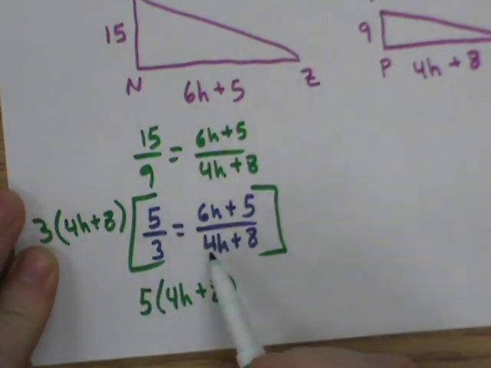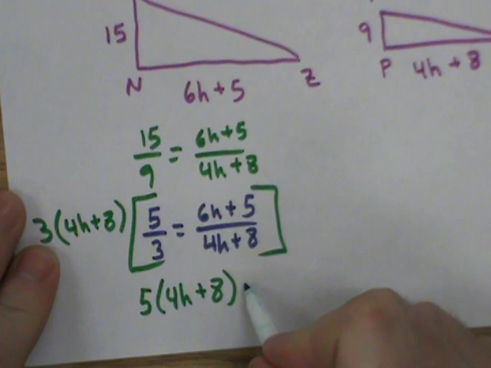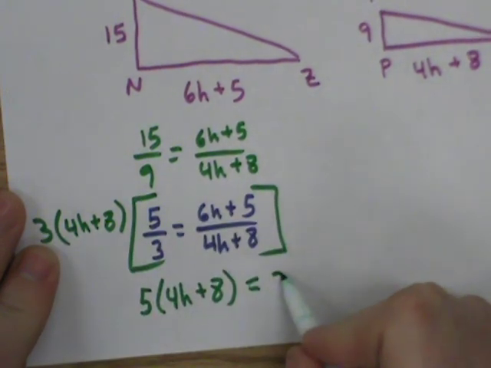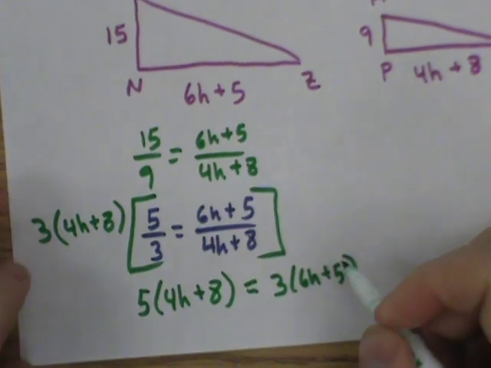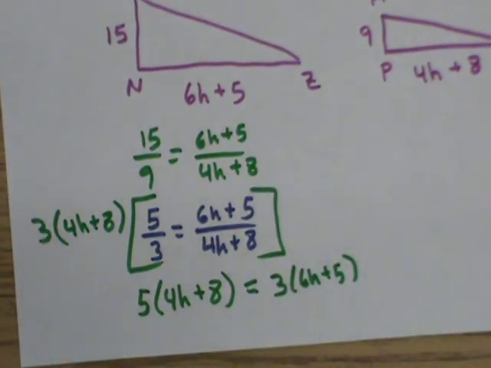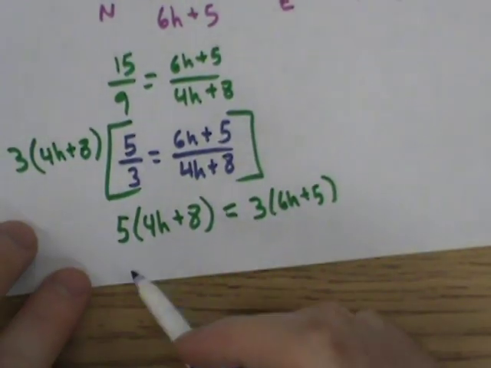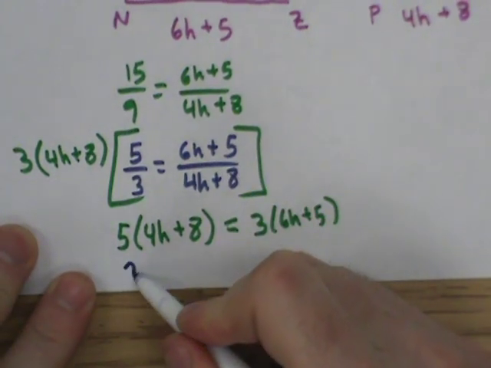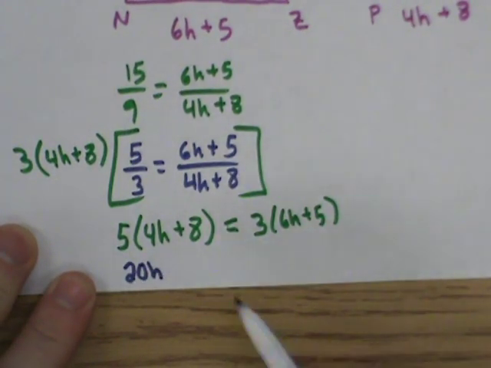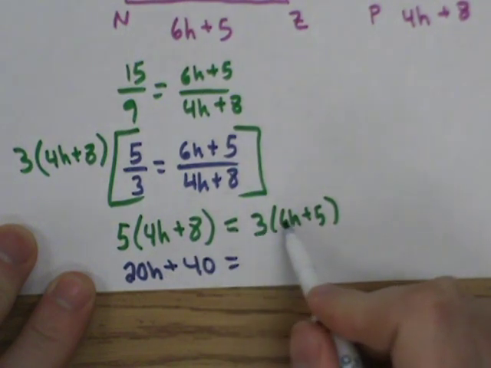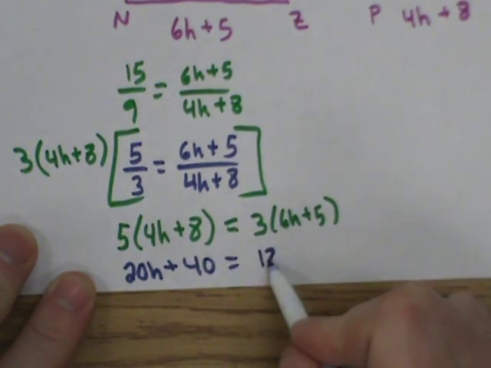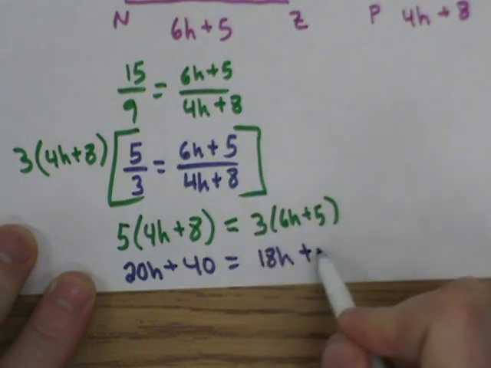To the second fraction, the 4h plus 8 is going to cancel out, and so I'd be left with the 3 times 6h plus 5. Try and distribute in here. 5 times 4 would be 20h. 5 times 8 is going to be 40. 3 times 6 is going to be 18h. 3 times 5 is 15.